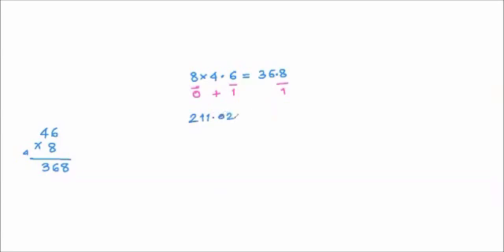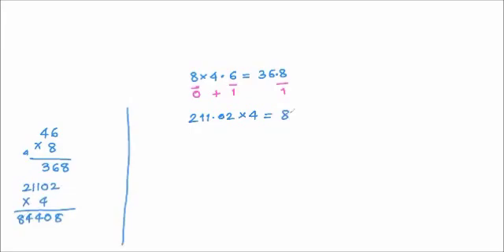211.02 multiplied by 4. Again we know we have to ignore the decimal point and take the number. So 21102 is the number multiplied by 4. 84408. Now we count the number of digits after the decimal point.